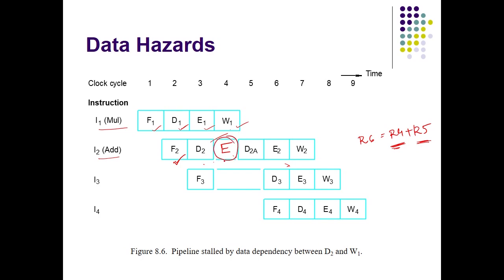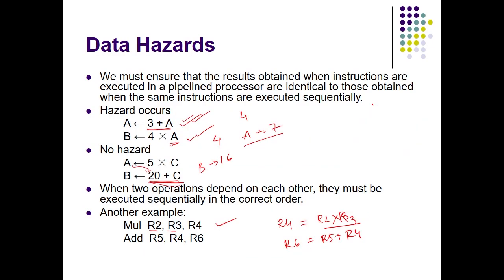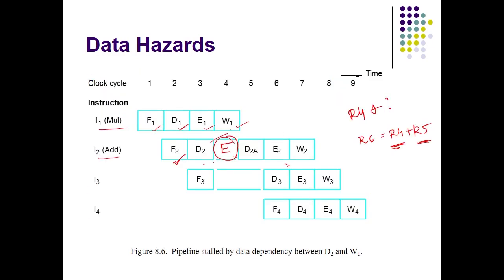But why is it stopped? Because there is a dependency on R4 from the previous instruction, R4 equals R2 into R3. The result is available, but it should be written to register R4, which is yet to complete.